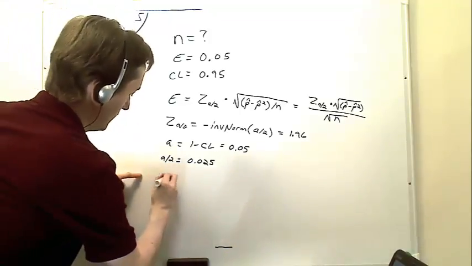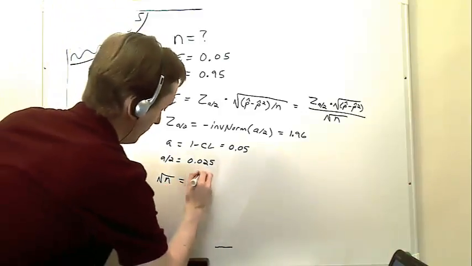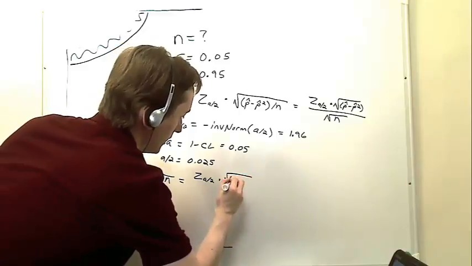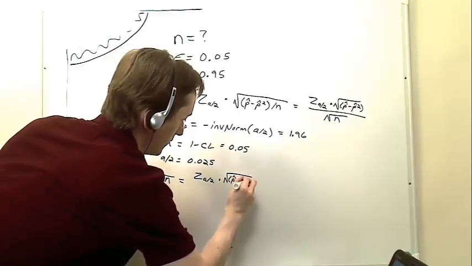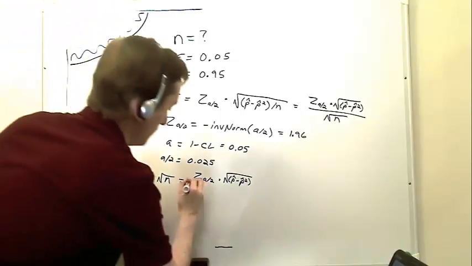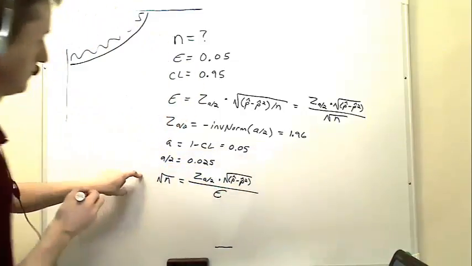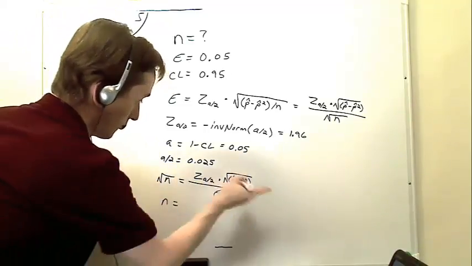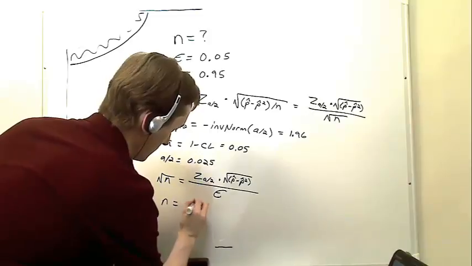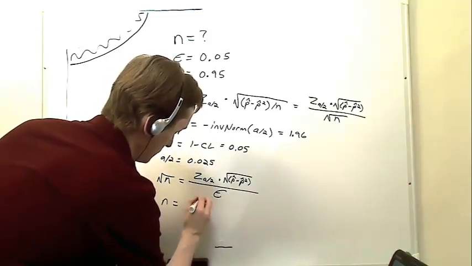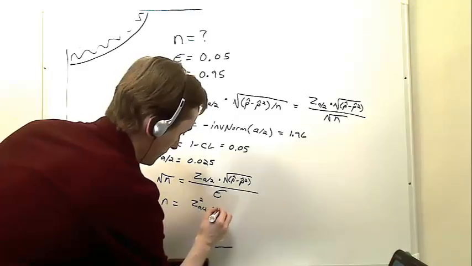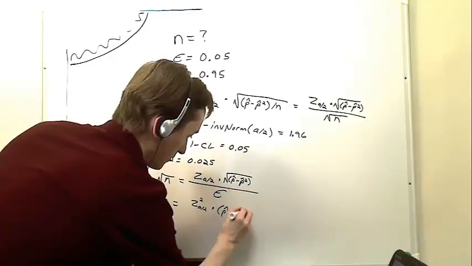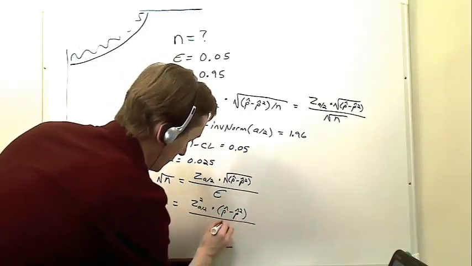So the square root of N equals Z sub alpha over 2 times the square root of p hat minus p hat squared divided by E. And so now I know that N is just the square of all that: Z of alpha over 2 squared times p hat minus p hat squared divided by E squared.